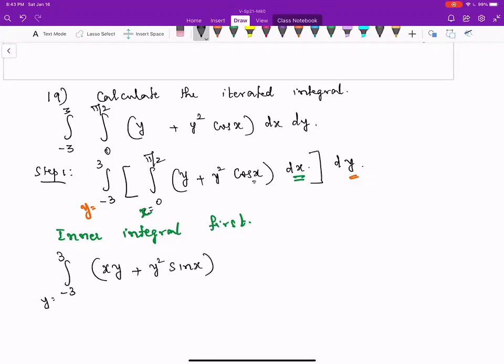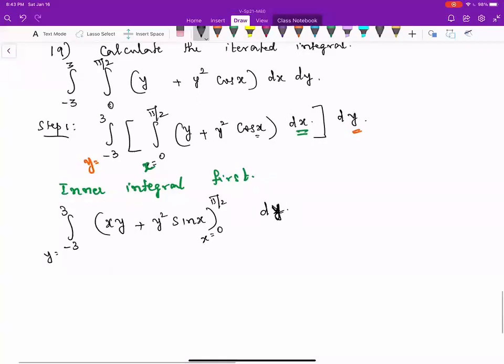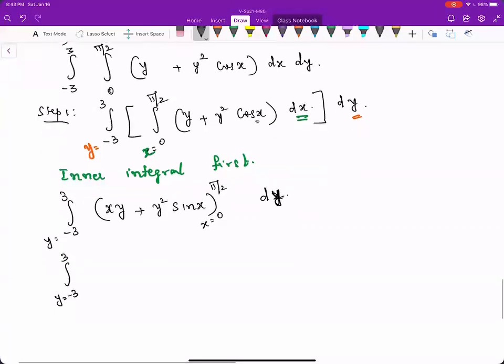Now you're going to plug in the limits 0 through pi by 2 for x. After you evaluate this, then you're going to integrate with respect to y. That is the last part. Okay, now y from negative 3 to 3, we will keep as is. Now you're going to plug in the limits for x here.